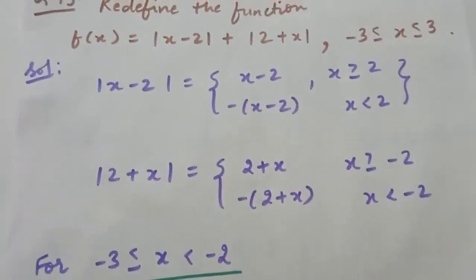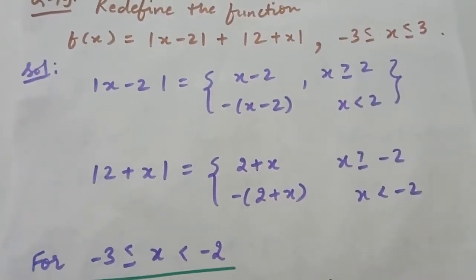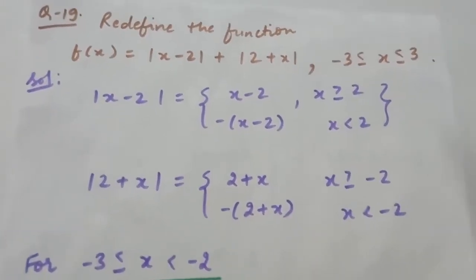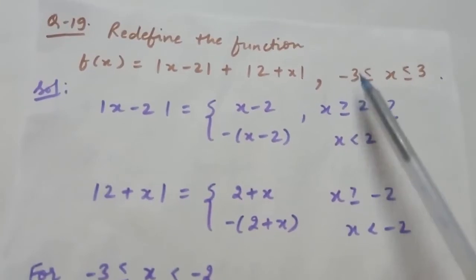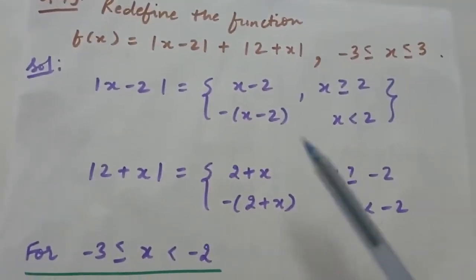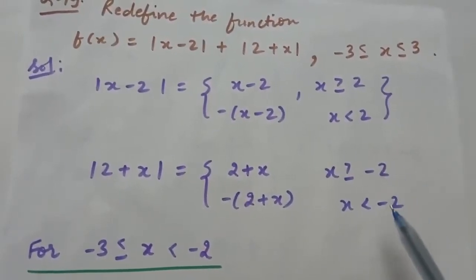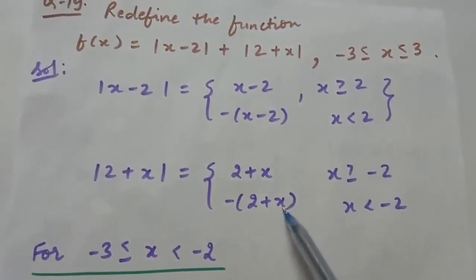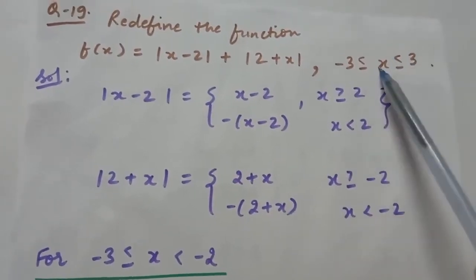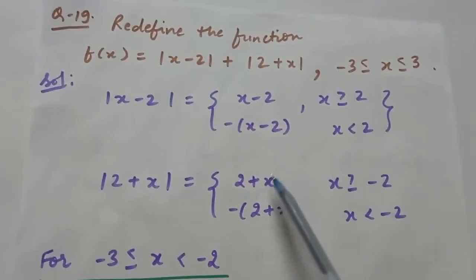Now see, we have to define this function f(x) in this range. In this range starting from -3, we will get a change in the function at the point -2, right? Because up to less than -2 the function will be this, but when you come to the point -2, the function will become this.